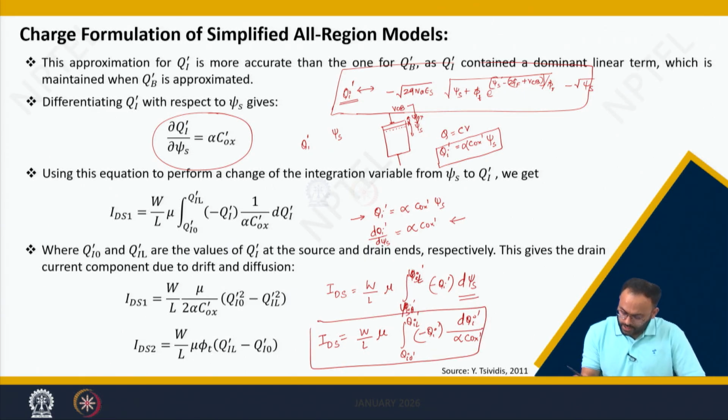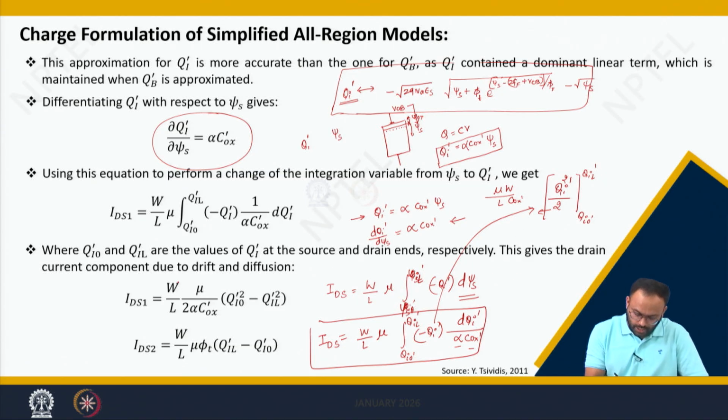If you simplify this, you will get Qi dash by 2 whole square as an integration, and you put the limits as Qi dash 0 and Qi dash L. Take alpha into Cox common, you will get mu into W divided by L into Cox dash, and you take this 2 also out.